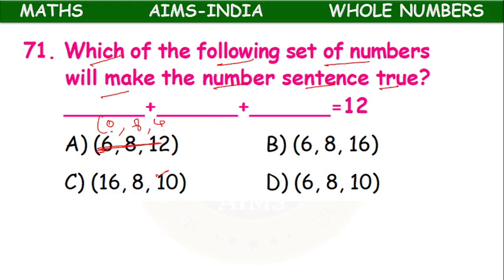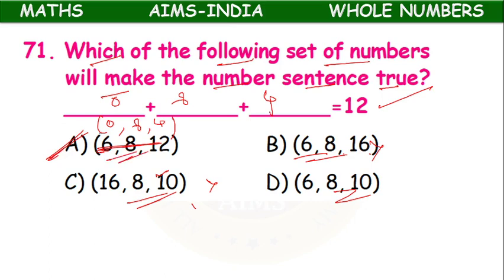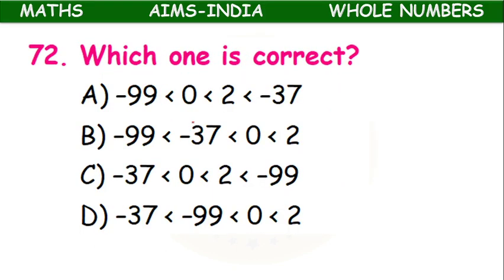A option, please change it to 0, 8, 4. So then 0 plus 8 plus 4 equals 12. A option will be the correct answer. B option wrong, C wrong, D wrong. So only A option is the correct option, but change the option to 0, 8, 4.